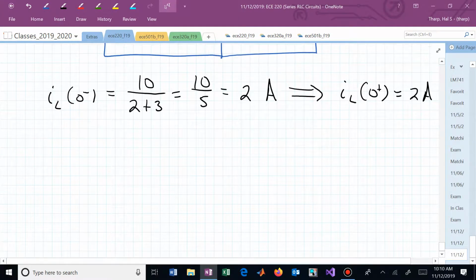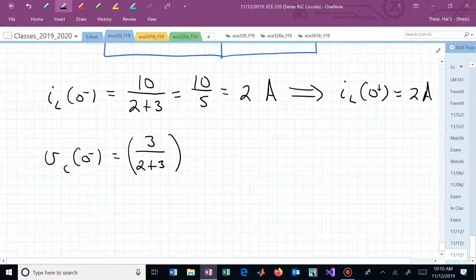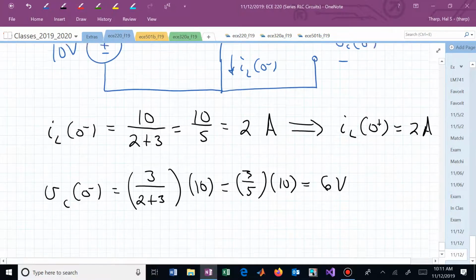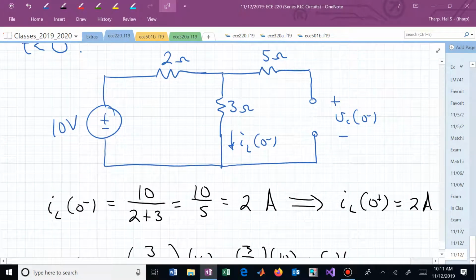However you want to do it, V sub C of 0 minus is now, let's do the voltage divider, 6 volts. It's not 10 because that capacitor doesn't see all of the supply's voltage.